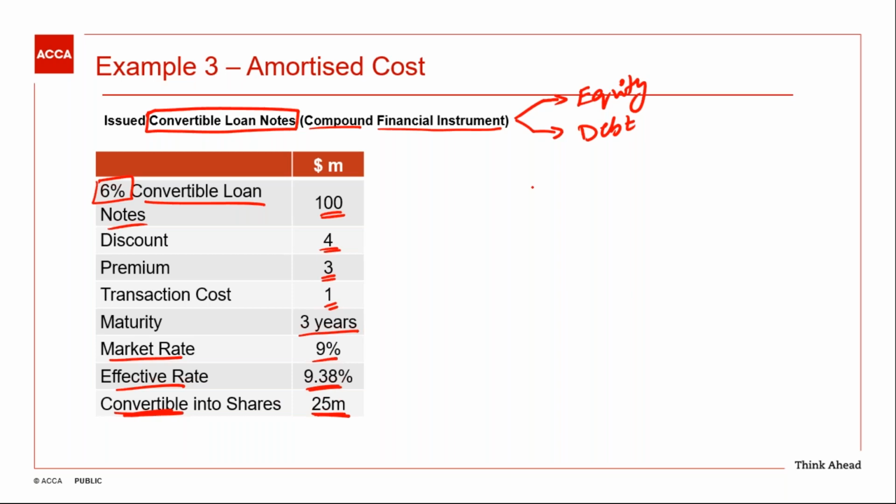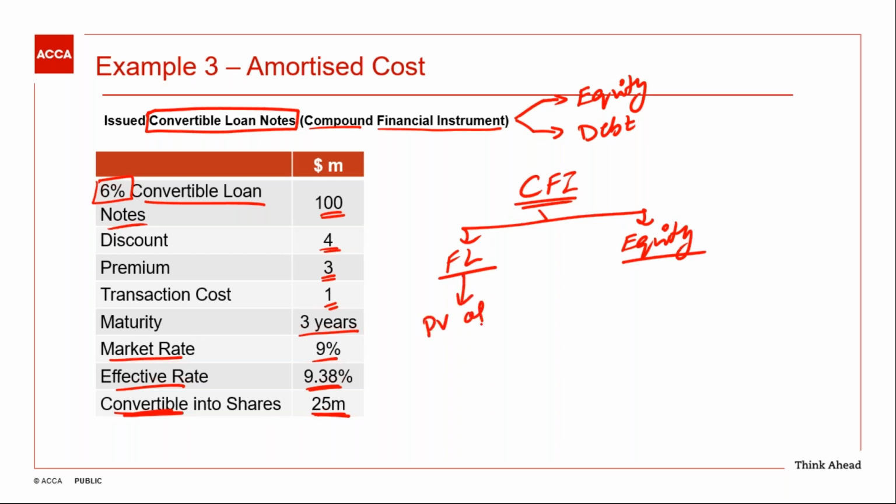Now, when we say that a compound financial instrument has both liability and equity, how do we break it into these two values? The method is that we simply calculate the present value of all cash flows discounted at the market rate.